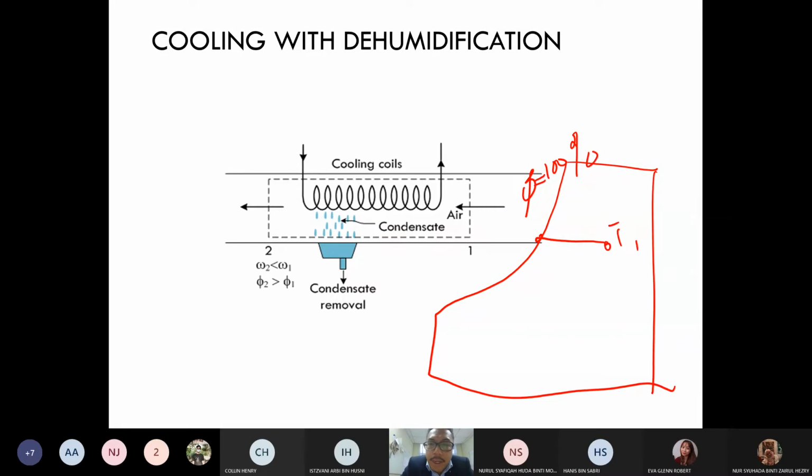From the temperature T1, throughout this saturated condition, the temperature will decrease and it will follow the saturated line.